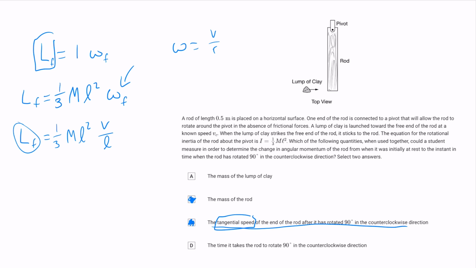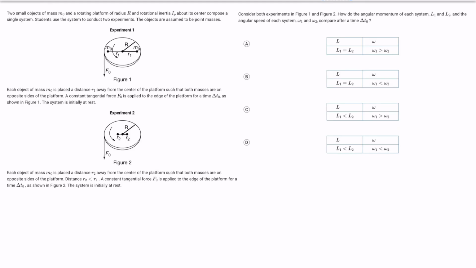Let's move on. In this problem, we have two figures, each one representing a different experiment. It says, two small objects of mass m0 and a rotating platform of radius r with known rotational inertia about its center compose a single system. Students use the system to conduct two experiments. The objects are assumed to be point masses.